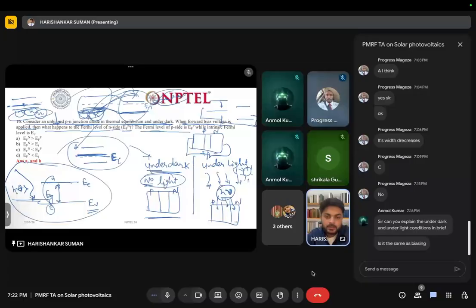Please, what do you think? Please see the answer: A and B. Now check your concept.